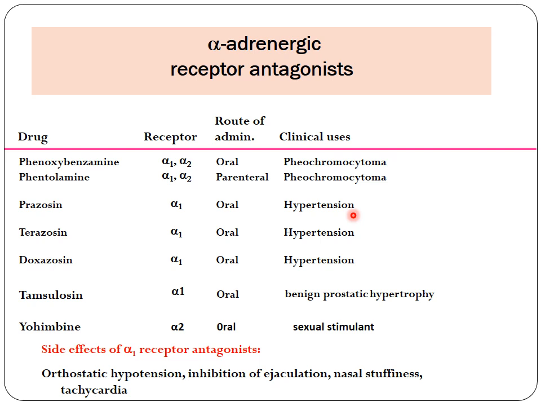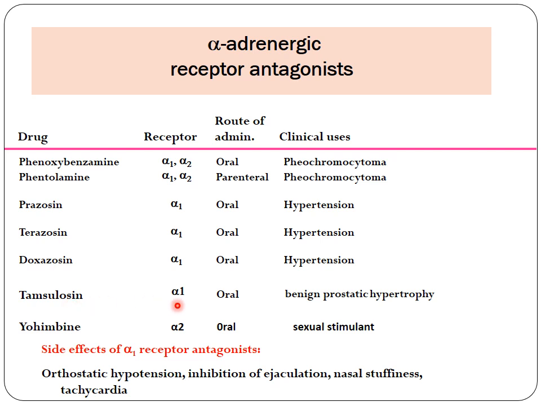Stimulation will cause vasoconstriction, increased resistance, and increased blood pressure. So what happens if we block these alpha 1 receptors? We are going to induce vasodilatation, decreasing resistance and decreasing blood pressure. That is why they are mainly used in the treatment of hypertension.